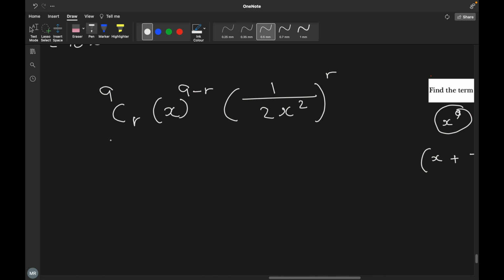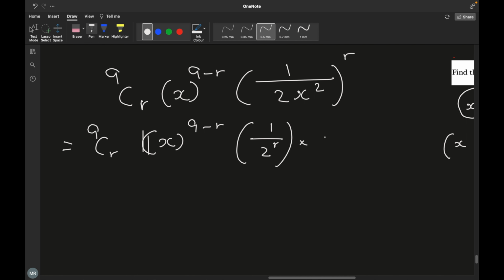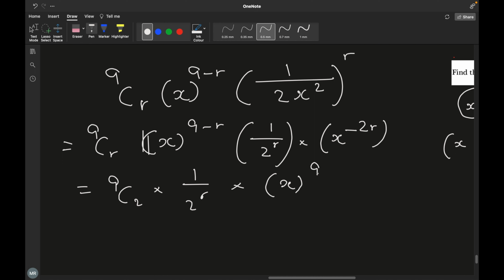And now what you're going to do is you're going to simplify this. You're going to write 9Cr multiplied by x to the power of 9 minus r, multiplied by x to the power of negative 2r. You just put this towards this side, multiplied by x to the power of r. So 9 minus r multiplied by x to the power of minus 2r.